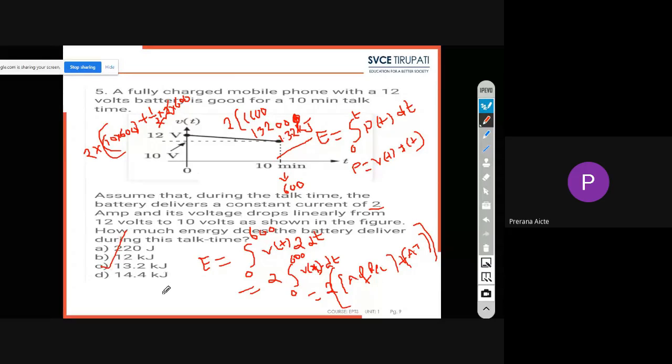Okay, is it okay? So see here, integration of any voltage is nothing but area. The area is nothing but an integration of that voltage.